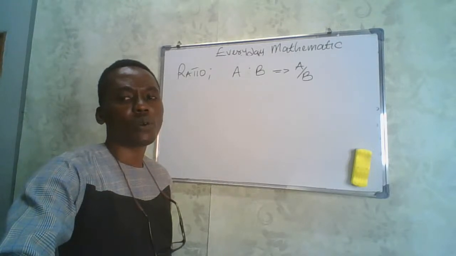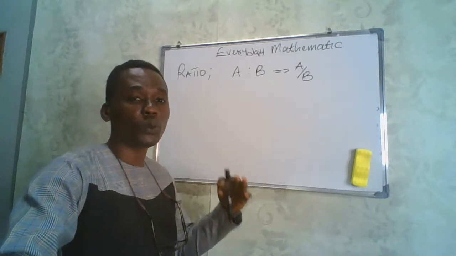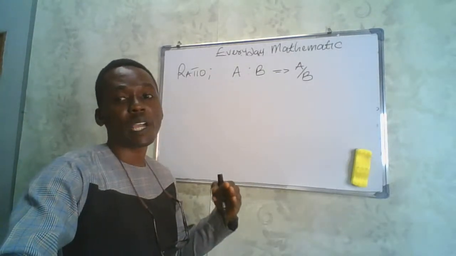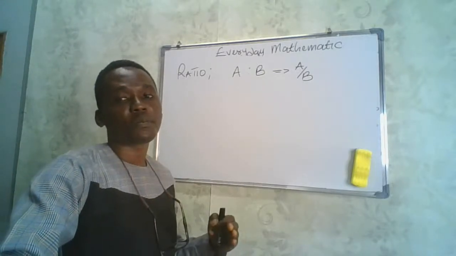Now, how do you calculate the amount of the original value when you are given a ratio?